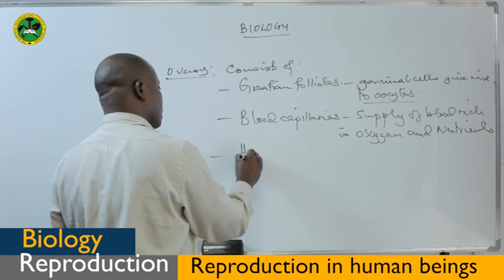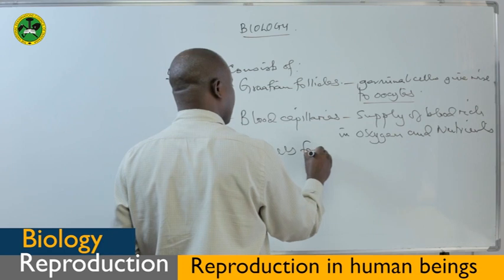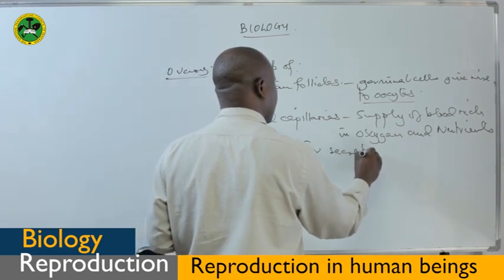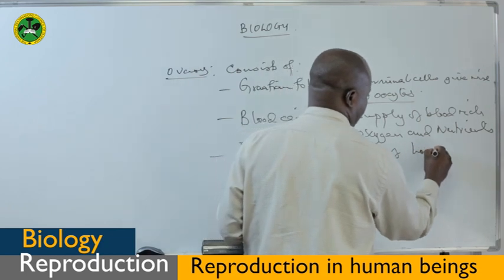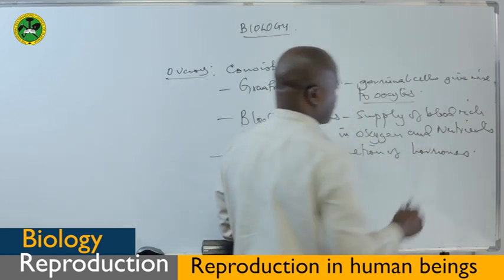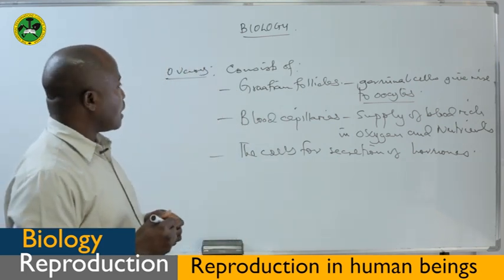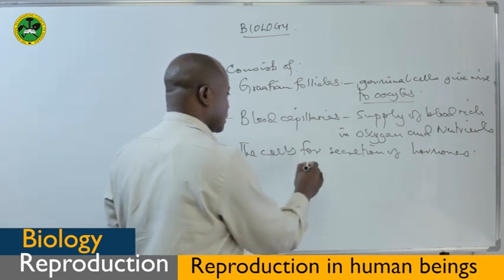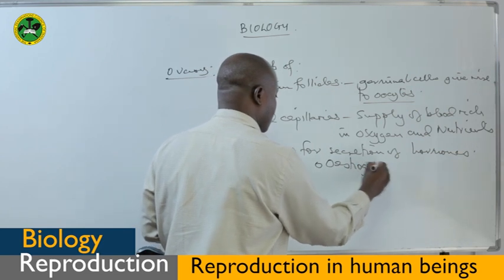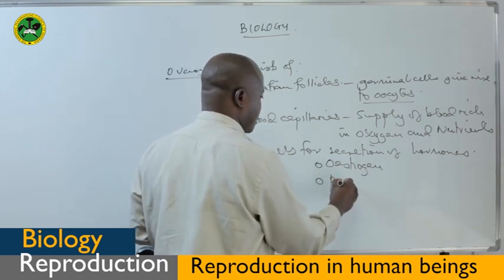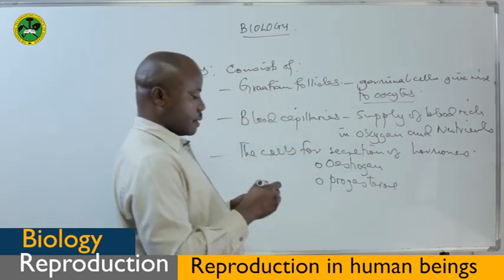But also, there are cells for secretion of hormones, and the ovaries produce two hormones: the estrogen and the progesterone.